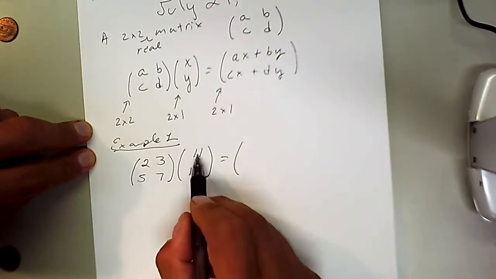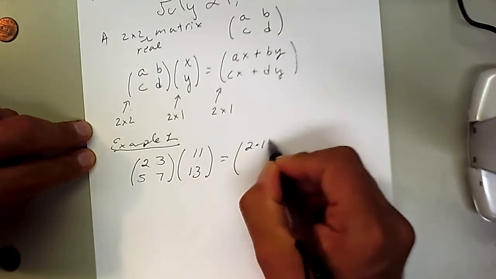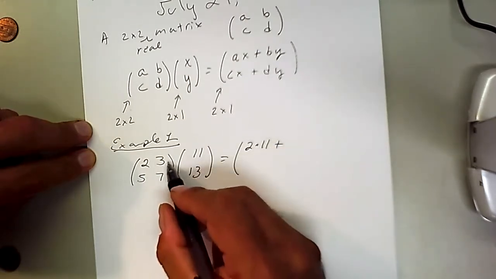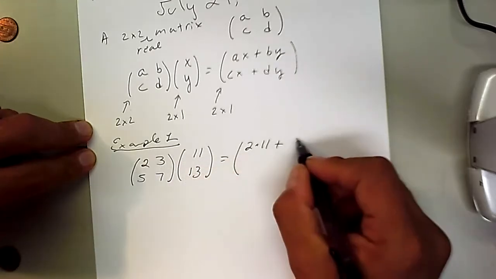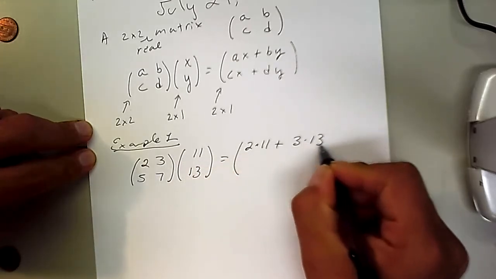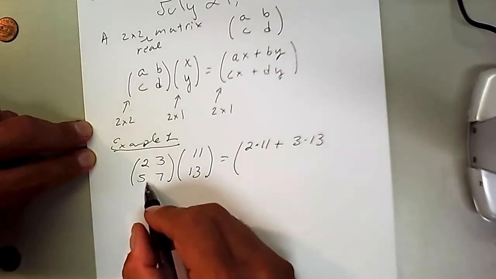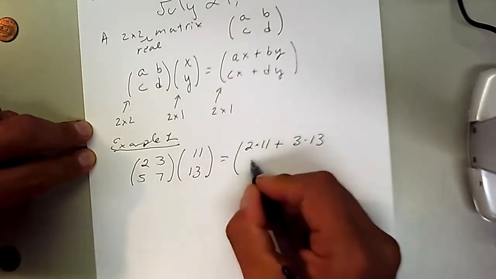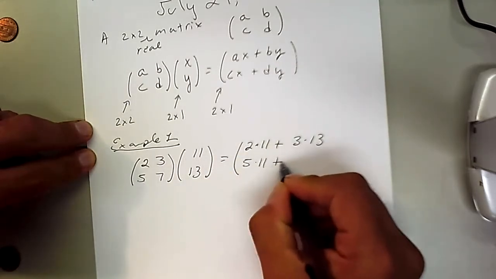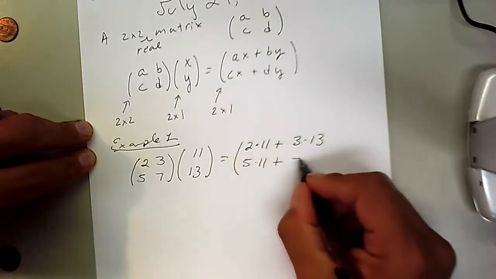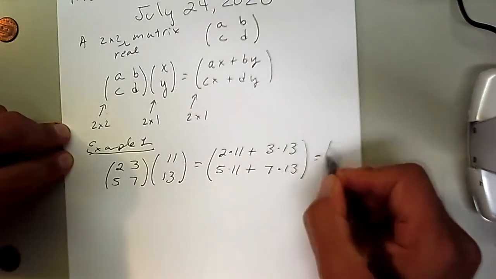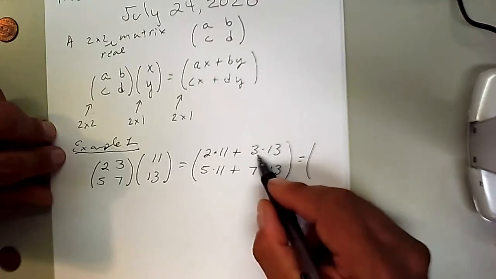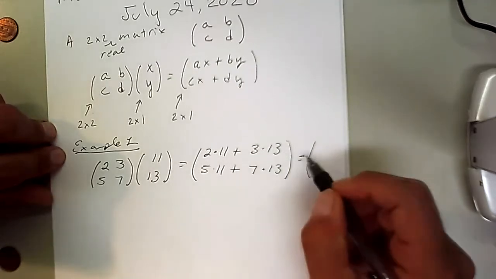So 2 times 11 plus, because that row is multiplied with this column, 3 times 13. Let's compute that after we figure this out. 5 times 11 plus 7 times 13. And that's going to give us, let's see if I can figure this out.